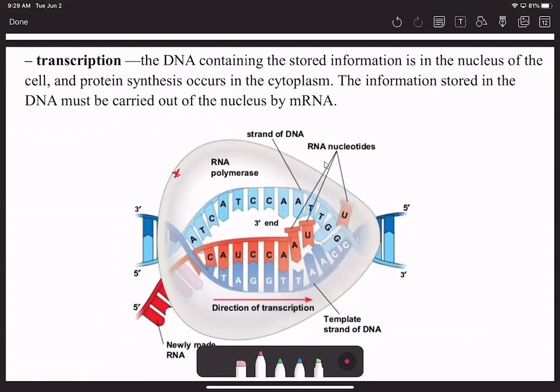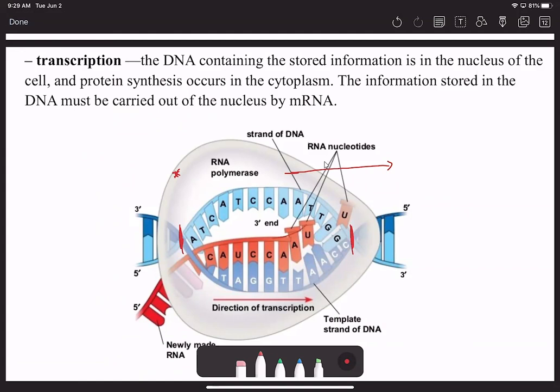And this white looking enzyme here, this polymerase, moves in this direction. It has one job: open it up and then close it back, just like a double-sided zipper, right? Here it's going to open up a small section.